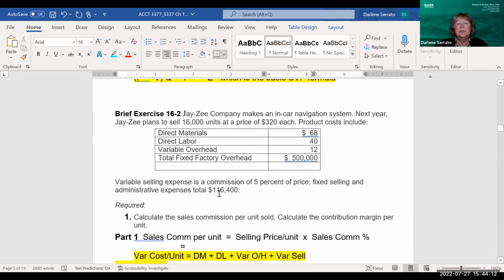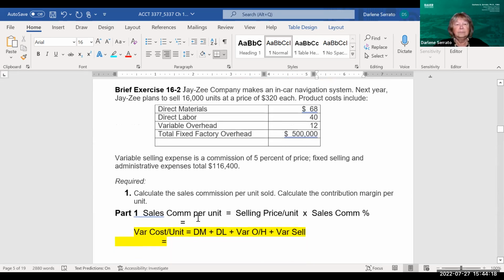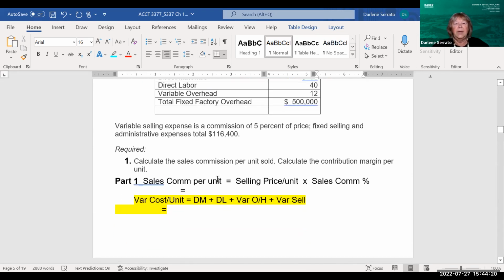Okay, so I want to do one exercise. Brief exercise 16.2. Calculate the sales commissions.